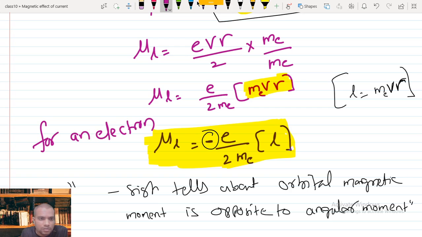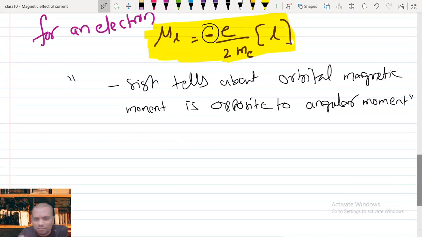For an electron, take the negative sign. Other than the electron, if you take a simple charge, not an electron, you neglect the negative sign.